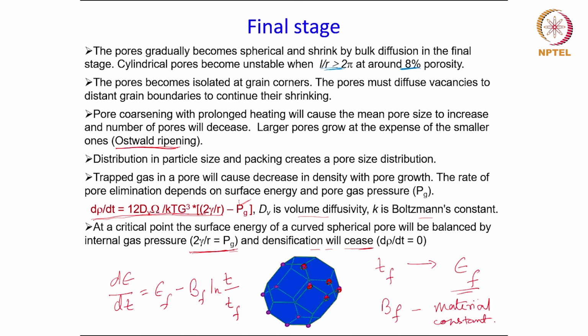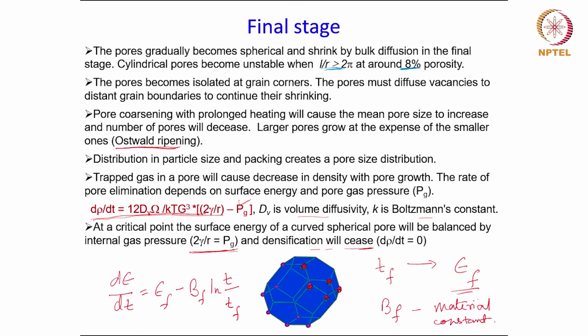So in this stage the pores tend to become more spherical, which happens due to surface transport processes. And the pores in this stage are mainly located on the grain boundaries. And pores can also get coarsened with prolonged heating. The larger pores grow at the expense of the smaller ones due to the difference in the curvature.